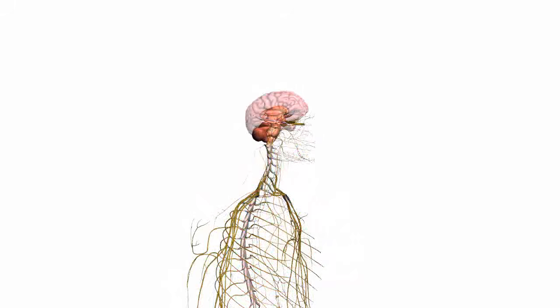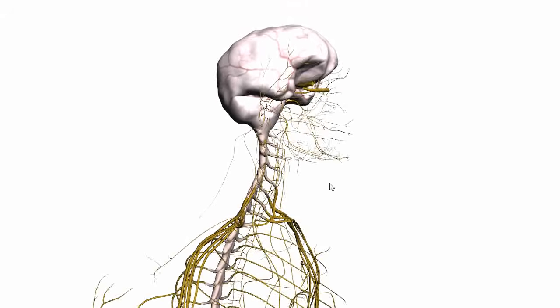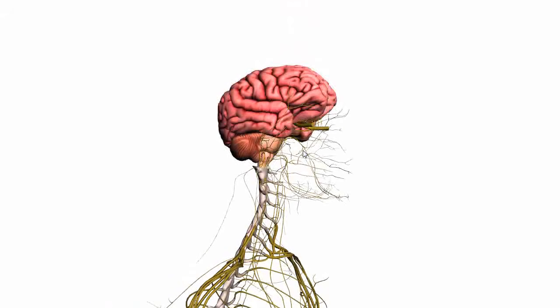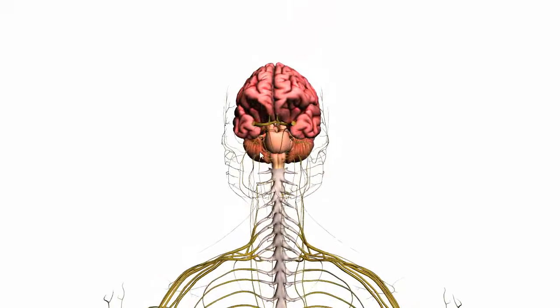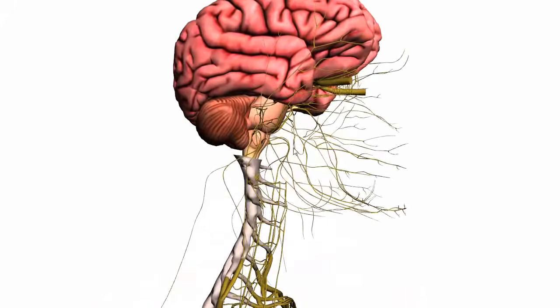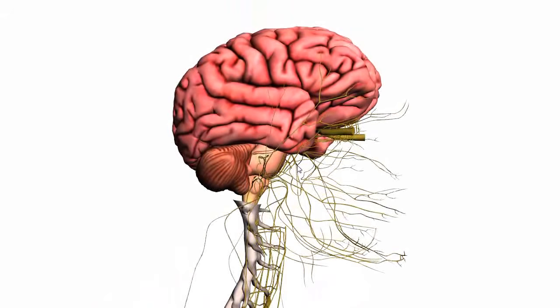So if I just zoom into the brain, I'll show you what these words mean. So in the brain, you will hear the words rostral and caudal. So rostral is anterior and caudal is posterior.